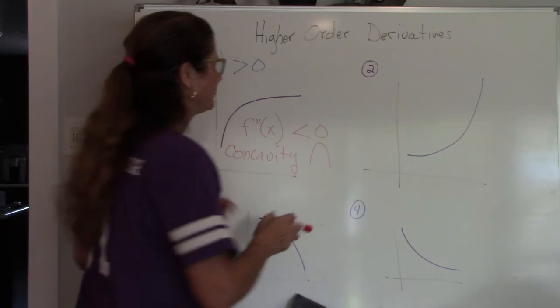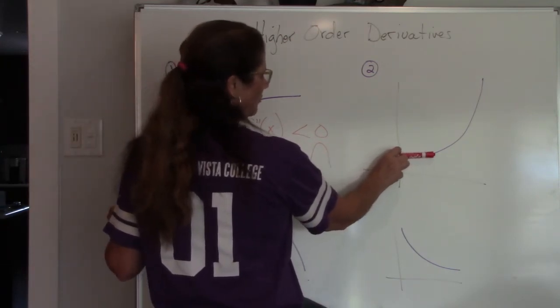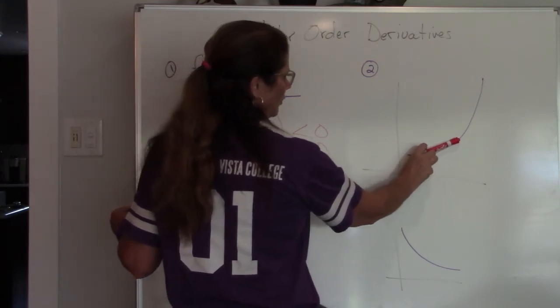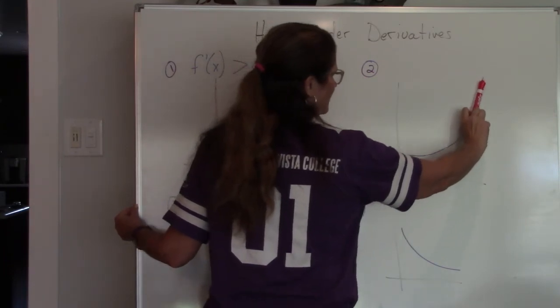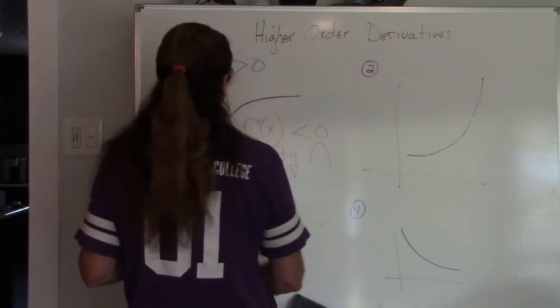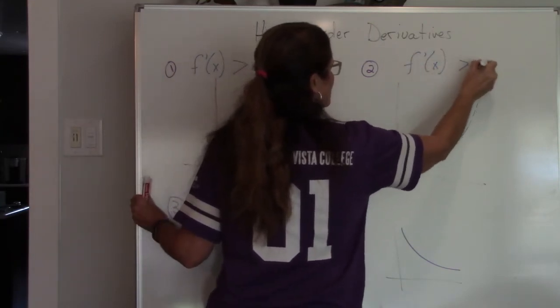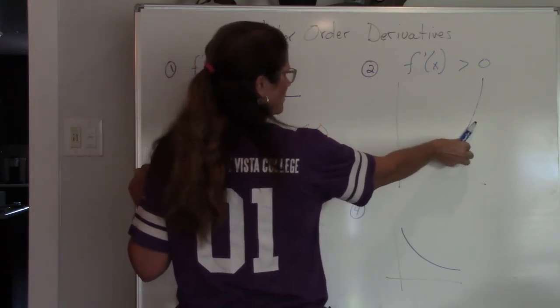Over here, on my second example, if you notice, my slope is not very steep here, but as I move along, my slope gets steeper and steeper and steeper. So with this one, my first derivative is still increasing. It's still greater than 0. I still have an increasing slope.